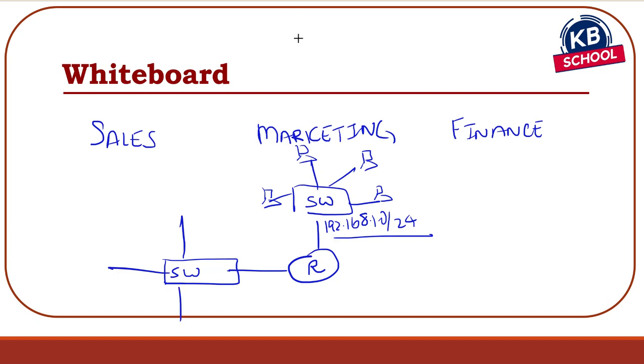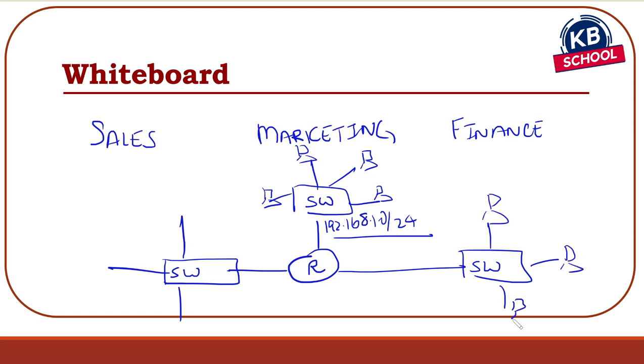And on the finance side, again, you would have a separate switch which connects like that. So all the devices on the finance department connect up to the finance switch. All the devices on the sales network connect up using the sales switch. Each one of them is a separate IP subnet.